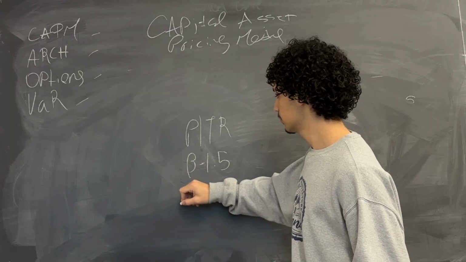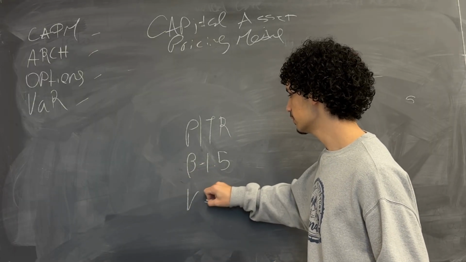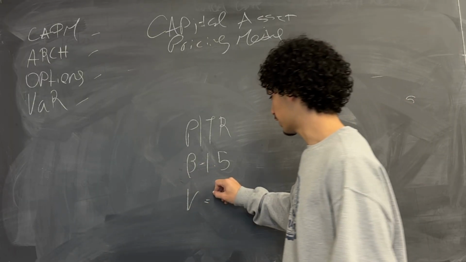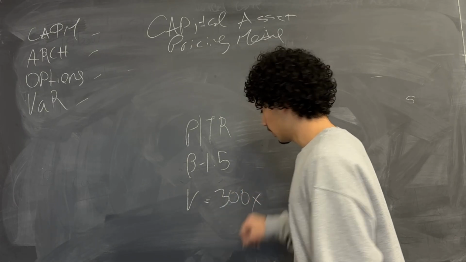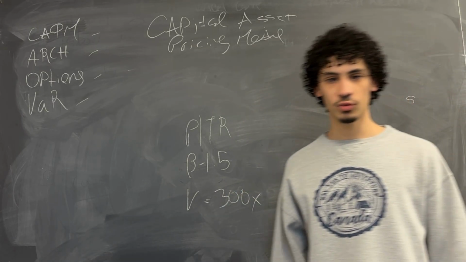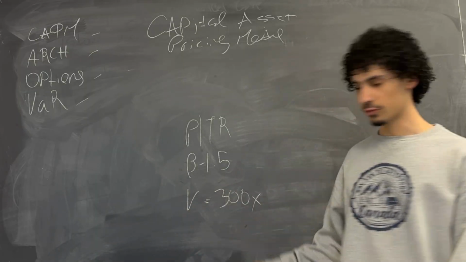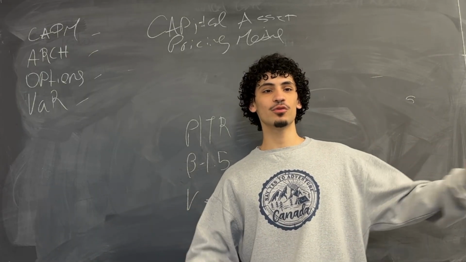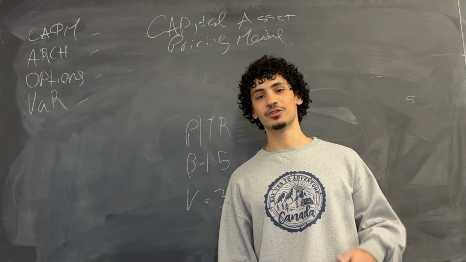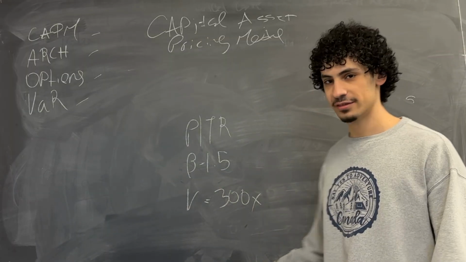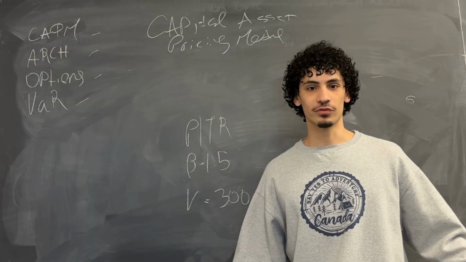Its valuation multiple, I'm just going to say V, is 300x. What this means is investors want to pay around $300, I think it's a little more, for every $1 profit that Palantir makes. It's kind of just a bet that they're going to make a lot of profit.